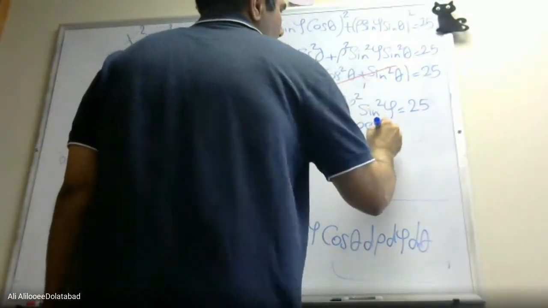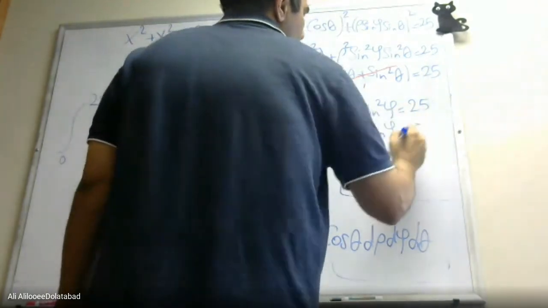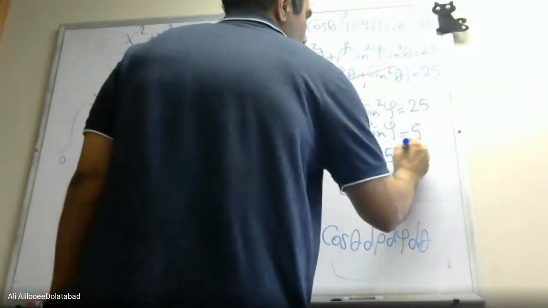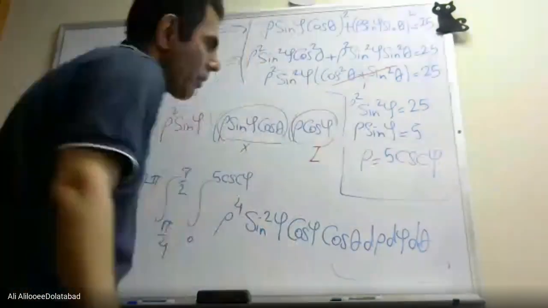Rho sine phi is 5, so rho is 5 cosecant phi.